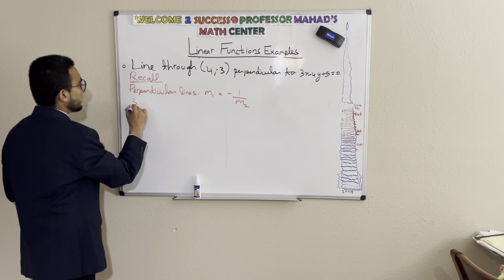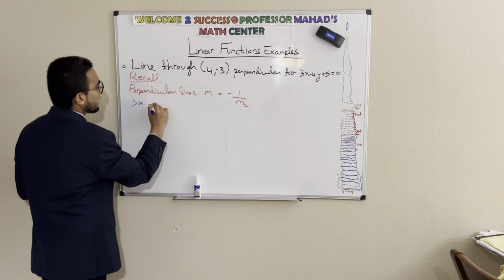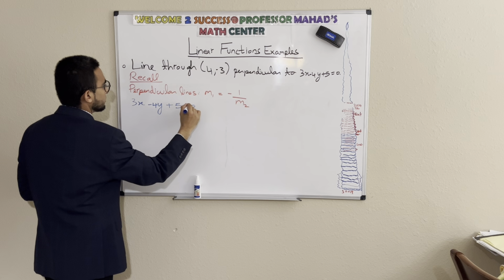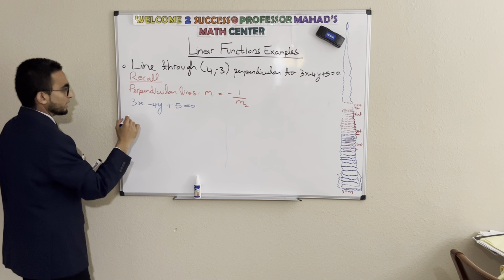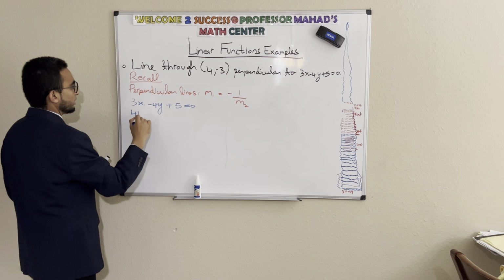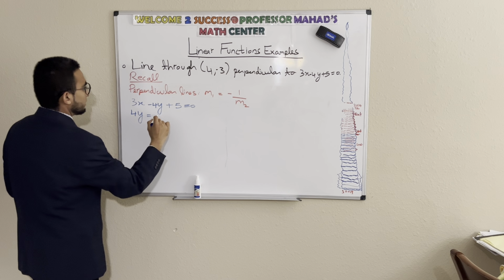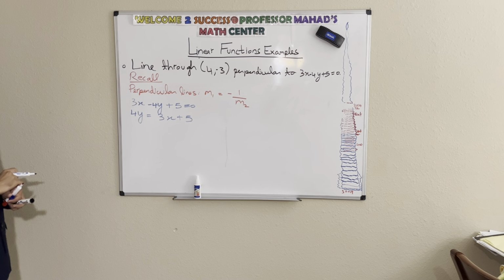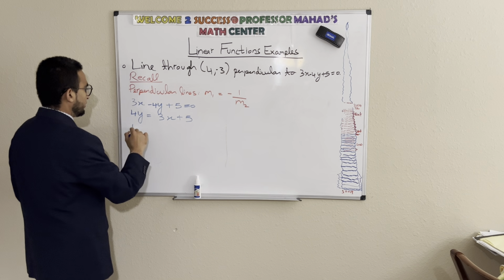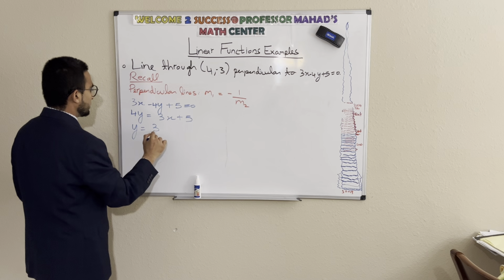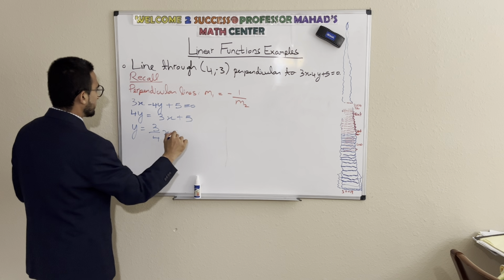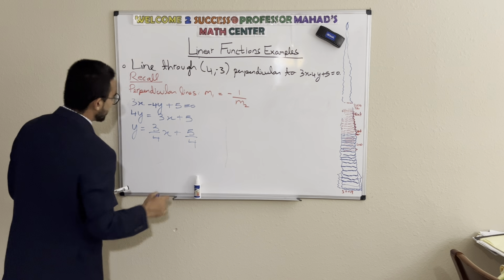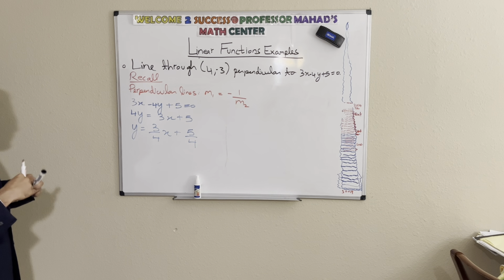So we have 3x minus 4y plus 5 is equal to 0. So we have 4y equals 3x plus 5. And then we have y is equal to 3 by 4 x plus 5 by 4. I'll just leave it in this fraction form.